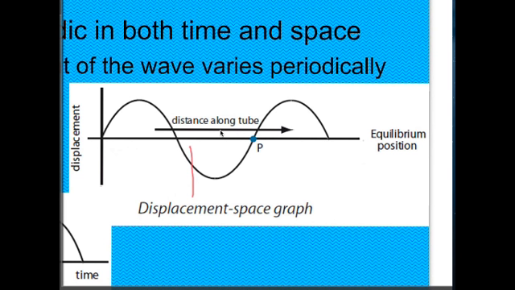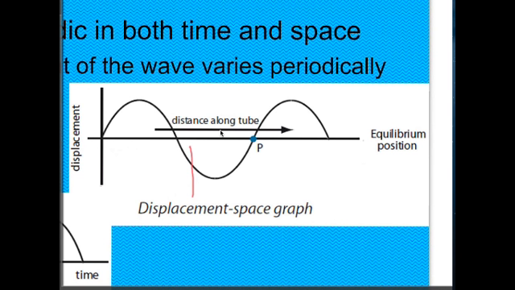This is a graph. Let's imagine we're taking a snapshot. We call this a snapshot graph. You're looking at a graph at a specific point in time. You're creating a wave and you snap a picture of it, you snapshot it. This is essentially what you would see.